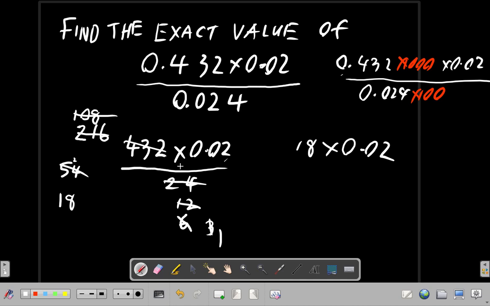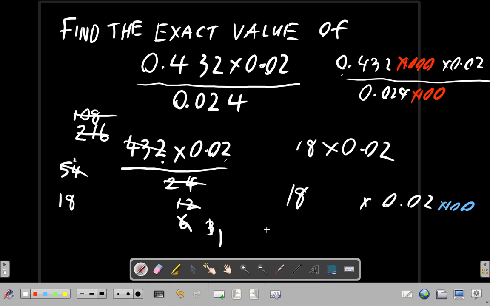Now, 18 multiplied by 0.02, what is that? If you multiply 0.02 by 100, what you would get is 2.